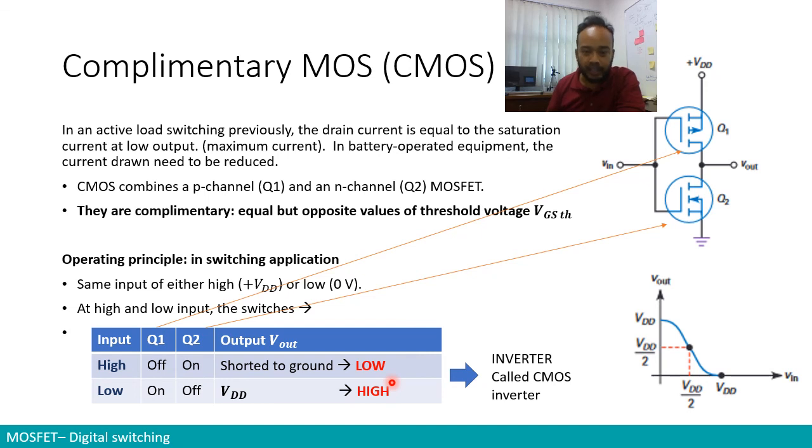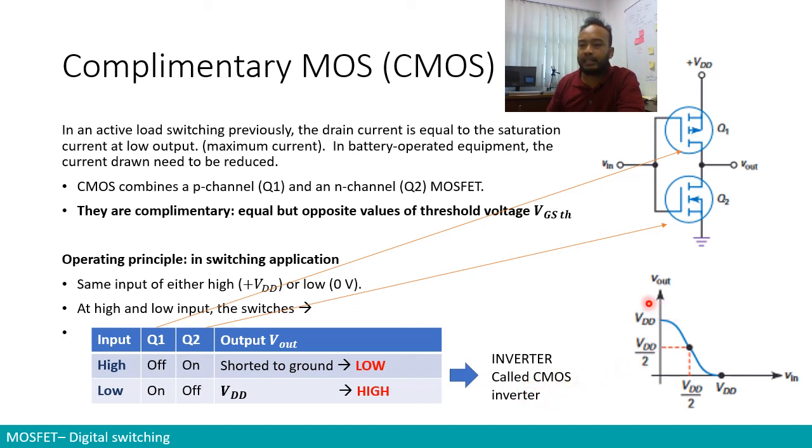It is still an inverter, where it inverts the input signal of high into low and low into high, but it works with more efficiency and without too much current flowing through our MOSFET. So this is what we call a CMOS inverter.